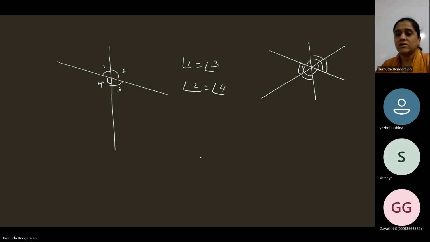Angle 1 is equal to angle 2, vertically opposite angles are equal. Angle 3 is equal to angle 4, vertically opposite angles are equal. Angle 5 is equal to angle 6, vertically opposite angles are equal. All right? So that's about vertically opposite angles.